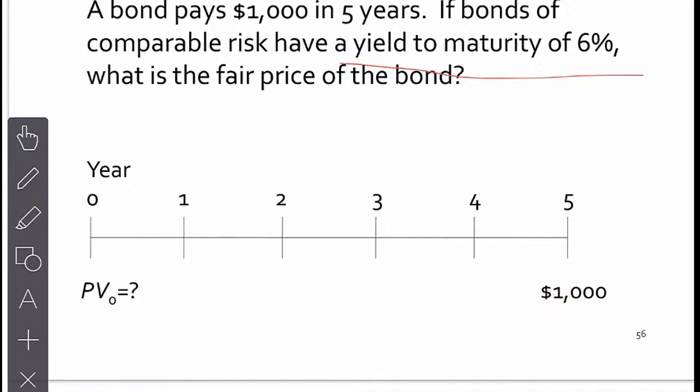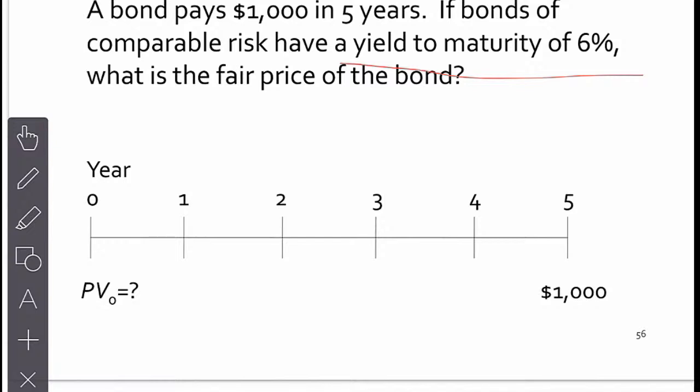You're going to apply the basic time value of money formula to determining what it's worth for you to spend today to be promised $1,000 later. That's what a bond is.